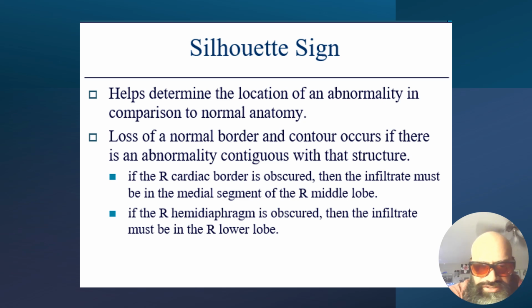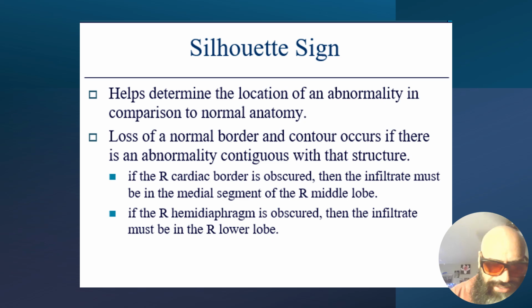Now, when fluid enters a previously known area to have air density and now has fluid density, now we are basically having two adjacent anatomical structures, the lung and the heart, both containing fluid density, and that obscures the normal border and contour of these anatomical landmarks and organs.